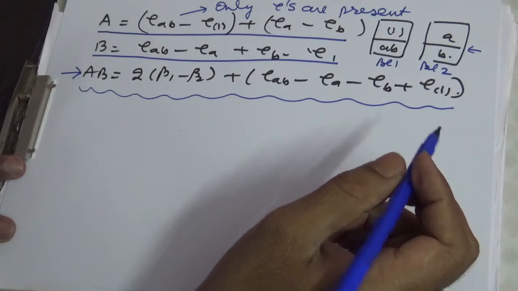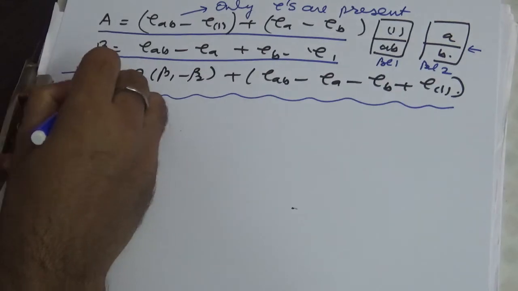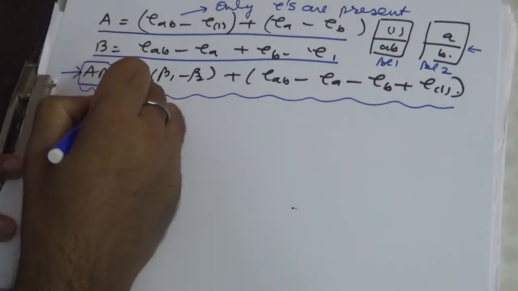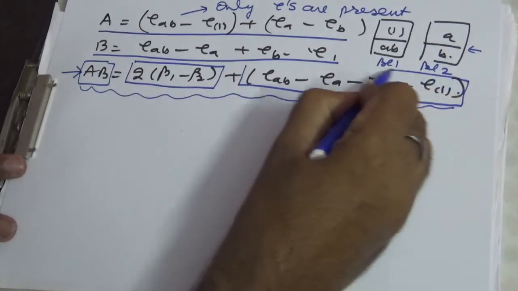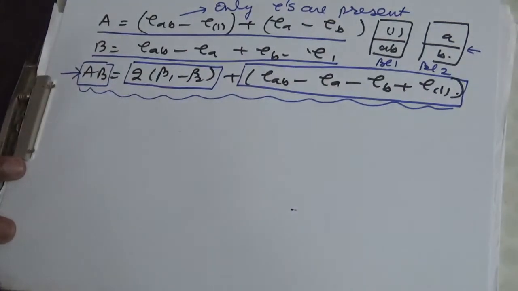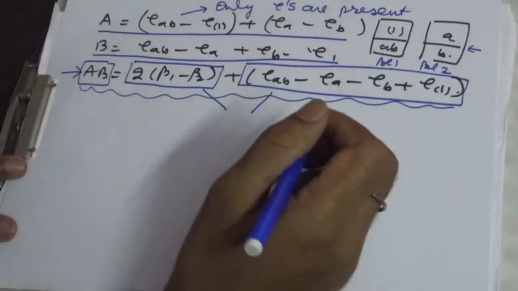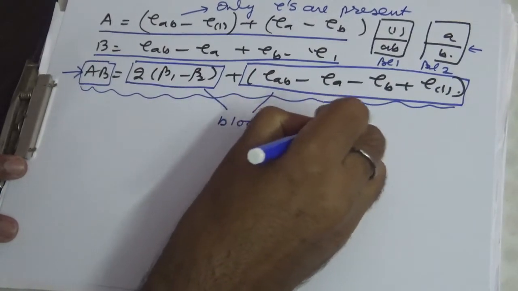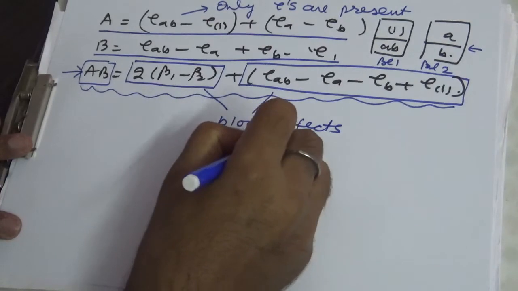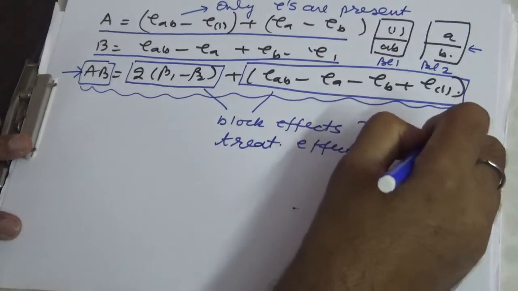So when you are trying to estimate this quantity, the value of AB will reflect two components: the component related to the block effect and the component related to the treatment effects. So in this case, when we are trying to estimate AB, the block effects and treatment effects are both mixed together.